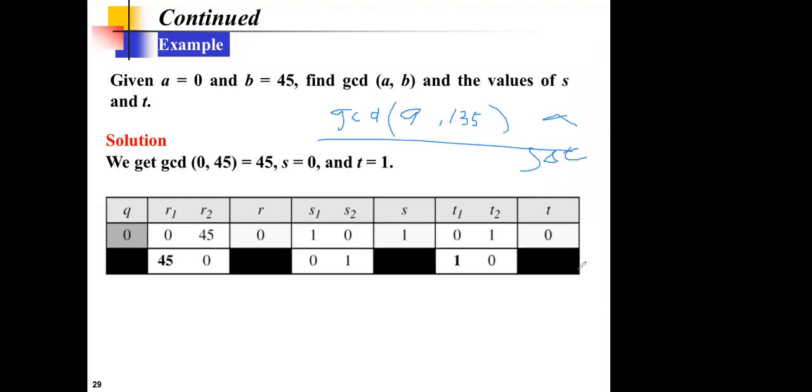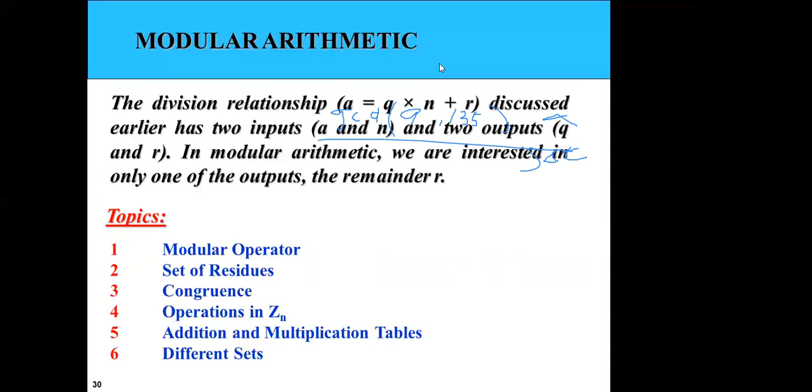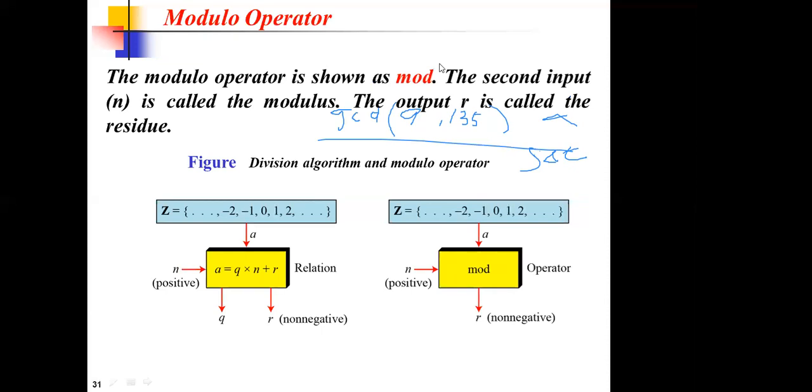And we're taking a break. ঠিক আছে, let's take a break for a few minutes and try out GCD of 9 and 135 using this extended Euclidean algorithm.